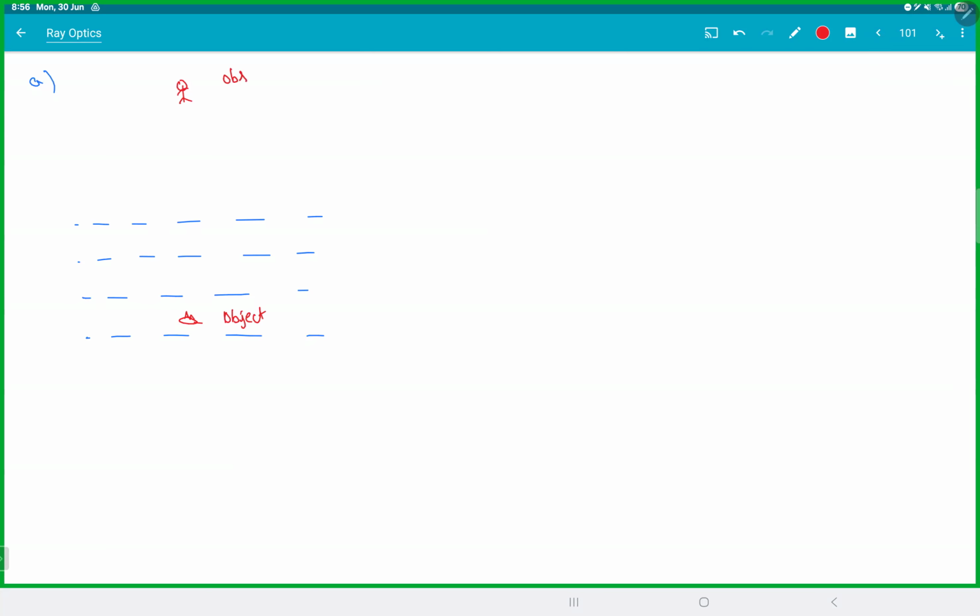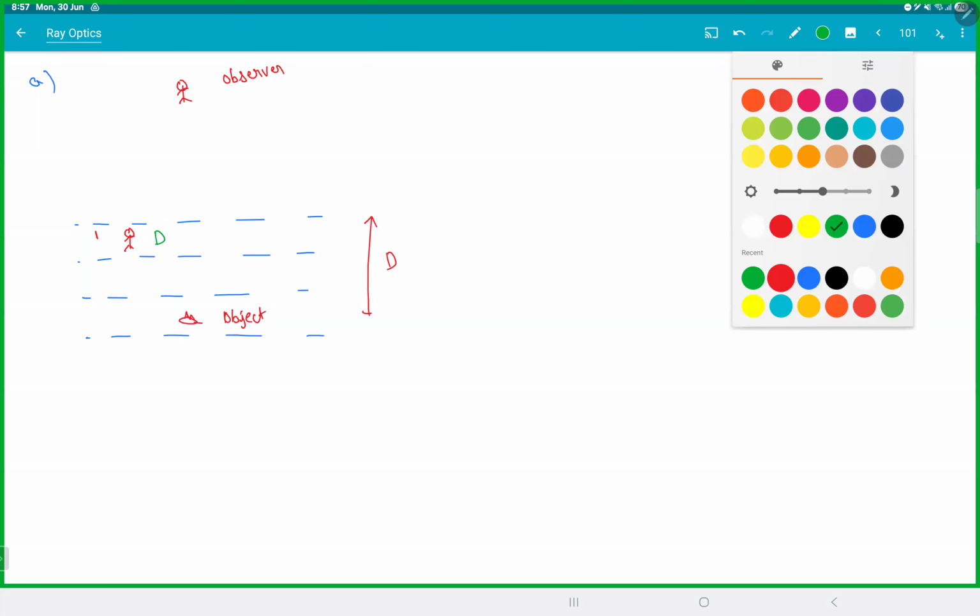You directly can't go from the fish to the observer. So this is what you do. Let's say we have an observer here. Let's call him observer 1. If you ask him, where is the fish? What will he say? Now see, if you're in the water, and the fish is also in the water, then there's no refraction, right? The formula is applicable only when you go from one medium to another medium. If you're just moving in the medium, nothing changes. So if you ask this person, boss, where is the fish? He will say D.